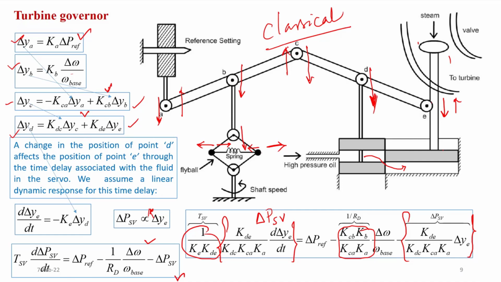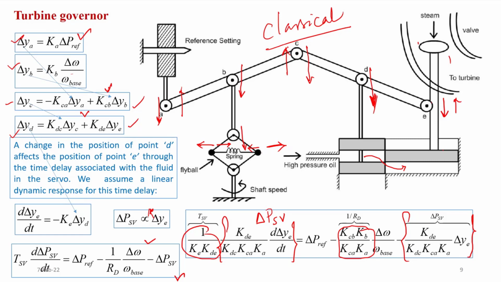So now we have seen today the modeling of the hydro turbine system, the modeling of the steam turbine system, and the modeling of the governor system. This turbine governor modeling is the same for both hydro as well as steam, because the fluid may change, but the equations will remain the same, with some constants that may change.